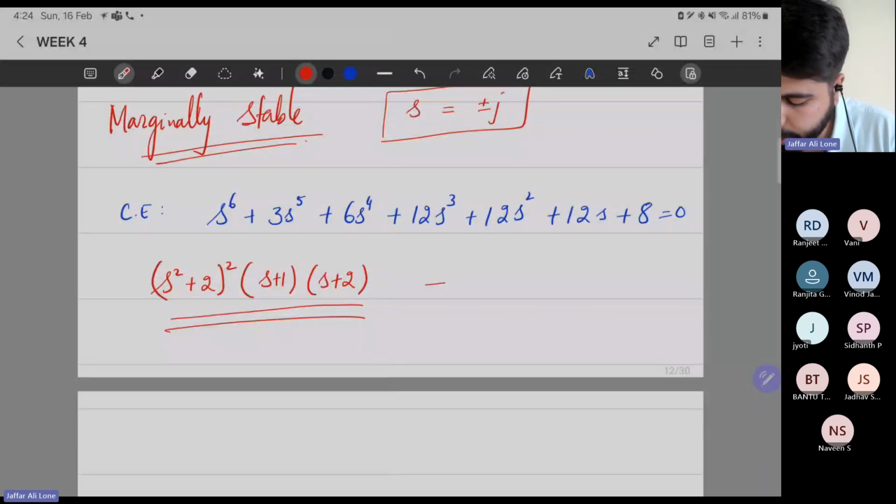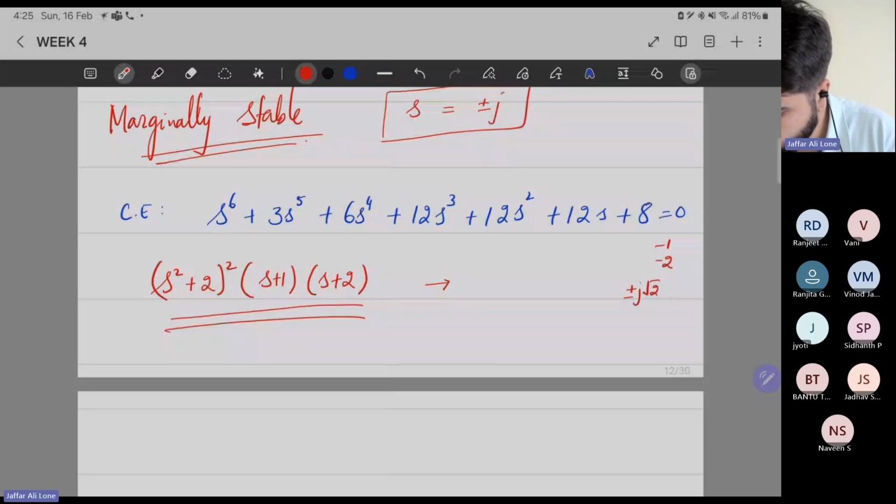So clearly I can see my roots. I have 6 roots in total. One is at -1, another is at -2, and the other 4 are at plus minus j root 2, comma, plus minus j root 2.